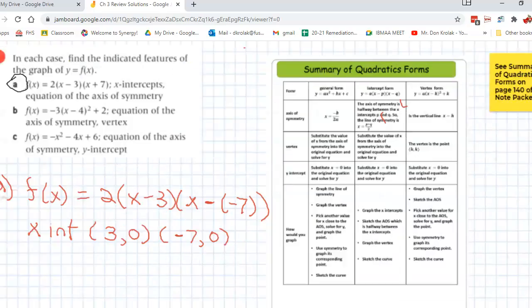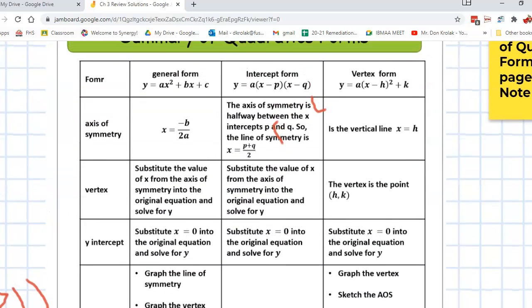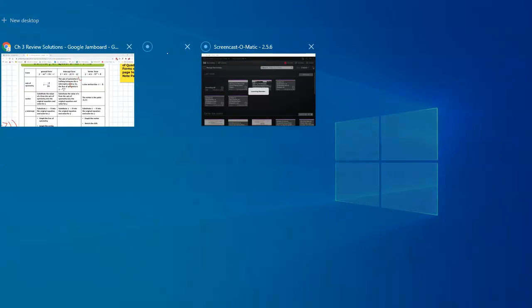Now to find the axis of symmetry, it's going to be halfway between those two x-intercepts. The axis of symmetry is halfway between the x-intercepts P and Q. So the line of symmetry is their average. Add them up and divide by 2.